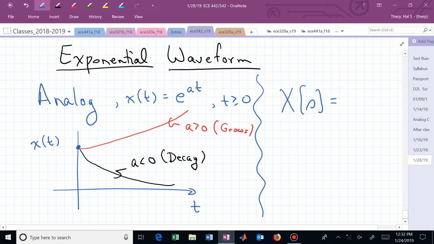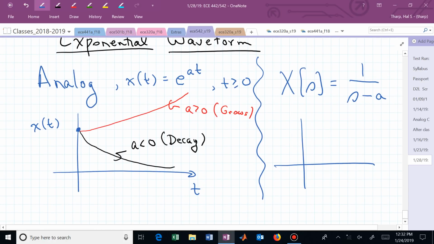That a now is a variable. We don't know whether it's negative or positive, so in that definition of a, the Laplace transform is 1 over s minus a. And if we looked at its pole zero diagram in the s-plane, here's the imaginary component of s, here's the real component of s.